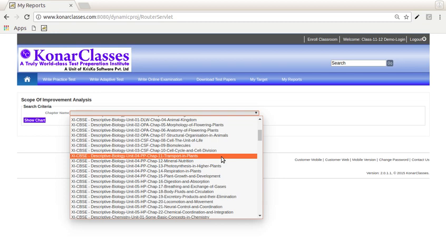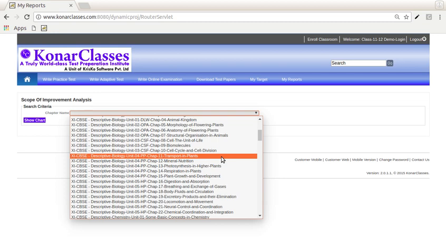Now all this information gets processed. After processing this information, the computer system of the online test platform comes up with a scope of improvement analysis report. We use the latest computer software technologies like machine learning, artificial intelligence and data analytics to come up with this kind of analysis report.